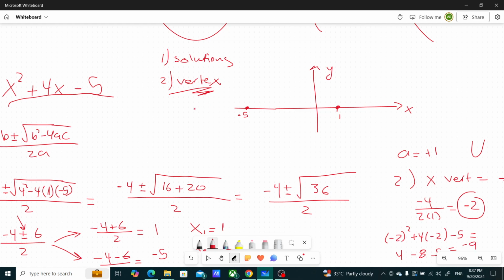So my vertex is a point with an x of negative 2 and a y of negative 9. So I will come here, I'll have an x of negative 2 and a y of, let's say, here is minus 9. So this is going to be my vertex. And now I can draw my parabola more or less like this.